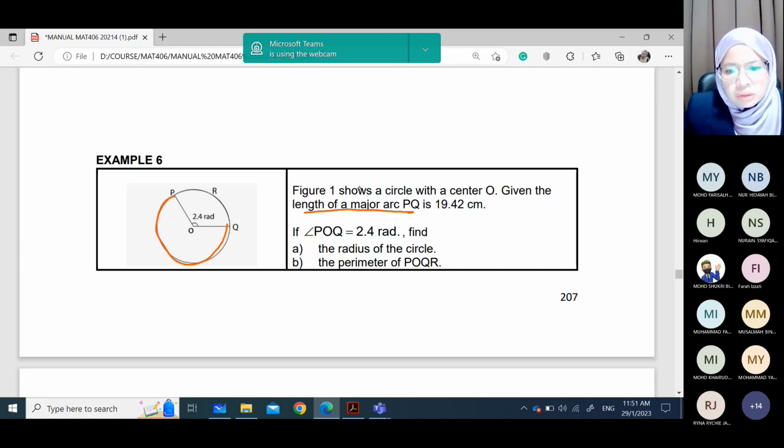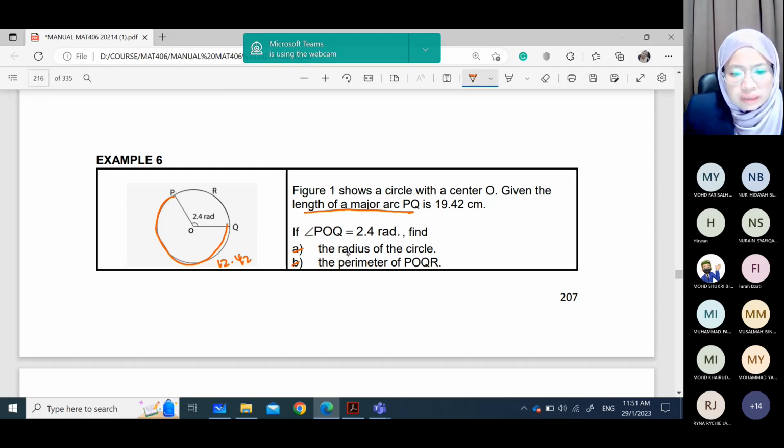Major arc PQ 12.42 cm. So this one is about 12.42 cm. So if the angle POQ is 2.4 radian, so find the radius of a circle and the perimeter of POQR. So kita cari perimeter yang ni. Alright.